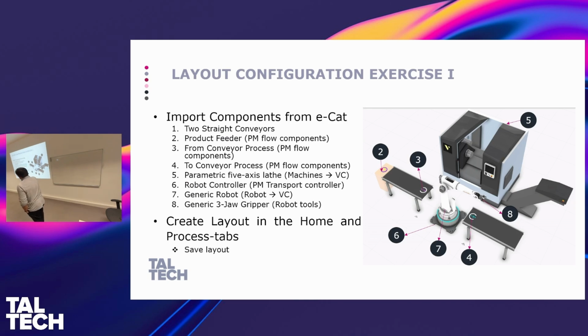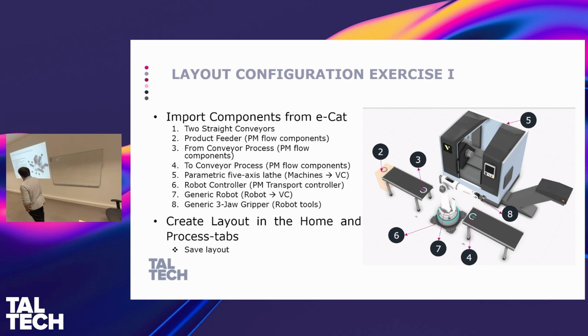In the slides we have two straight conveyors, and the product feeder, which you can find in the PM flow components in the e-catalog. Then we need some sensors, or flow components, that trigger the robot to pick and place, and the conveyor process, also from flow components.